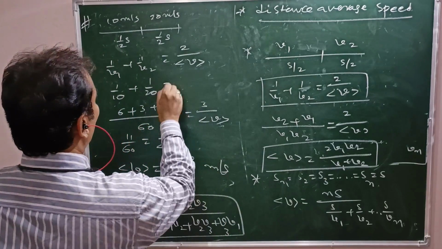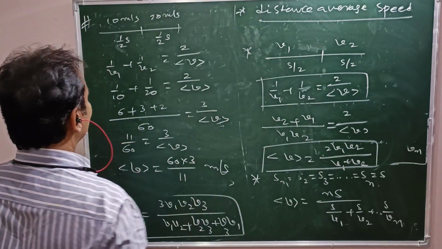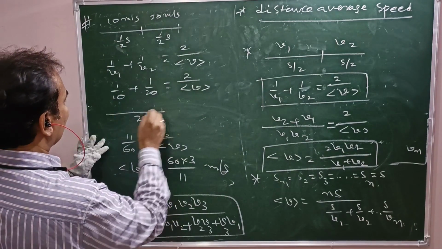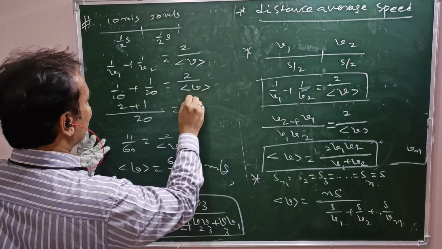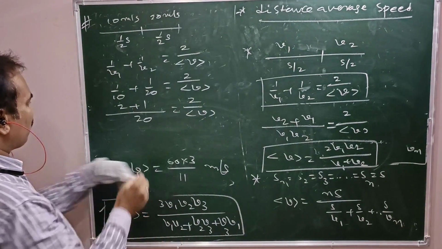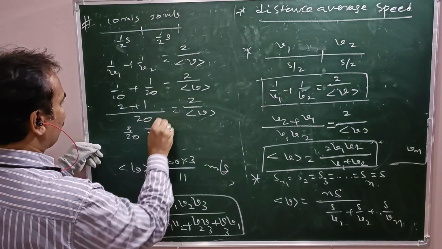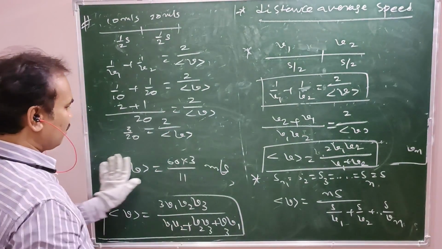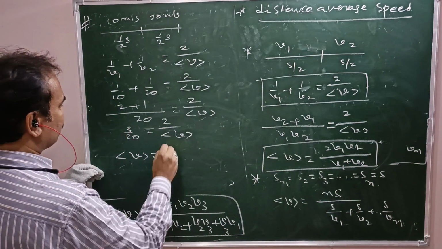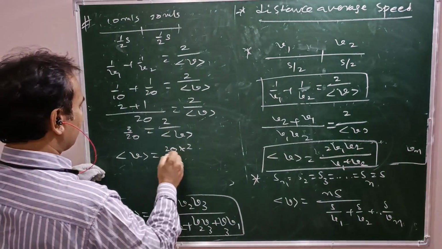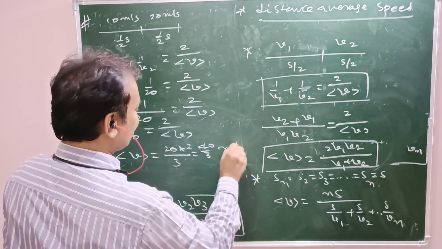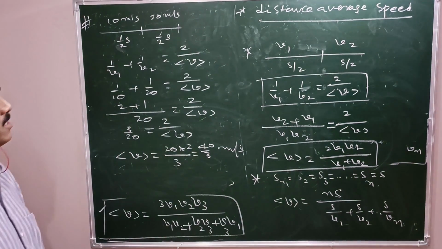What is the LCM here? 20. So 2 plus 1 over 20 equal to 2 by V average, that is 3 by 20 equal to 2 by V average. Now make V average the subject: V average equal to 20 into 2 by 3, that is 40 by 3 meters per second.